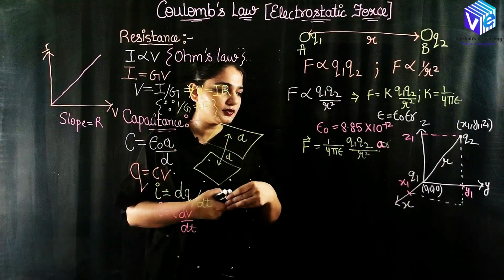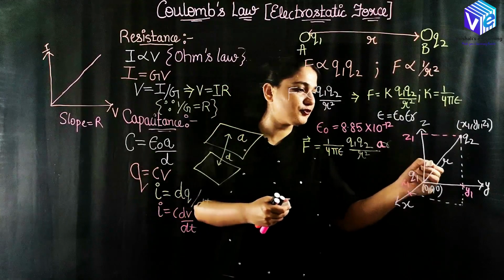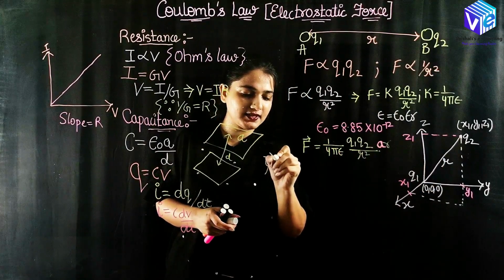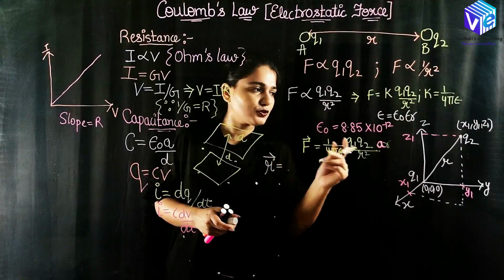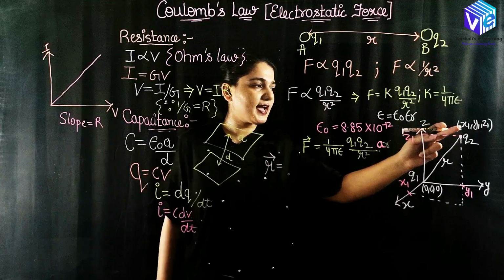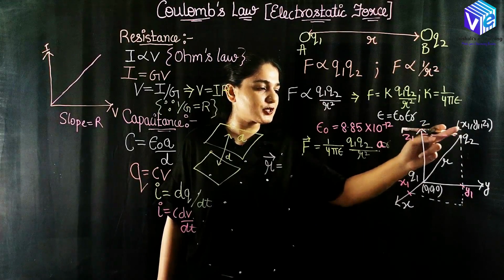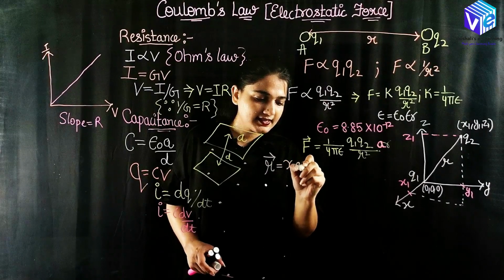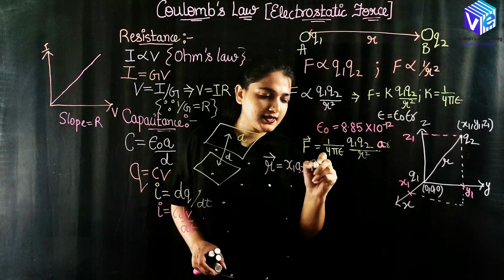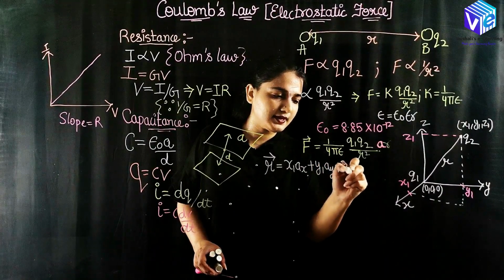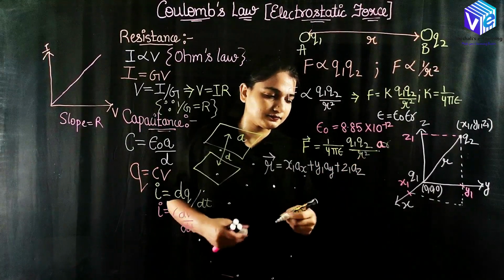Now if I have to denote what is r, I can give the vector representation of r. So how can I denote the r? r is a vector, so it can be represented as (x1 minus 0) ax, so x1 ax, I am directly writing it, plus y1 ay plus z1 az.